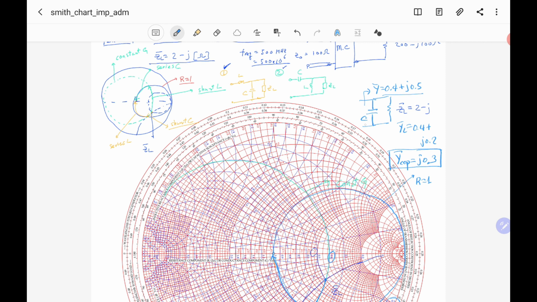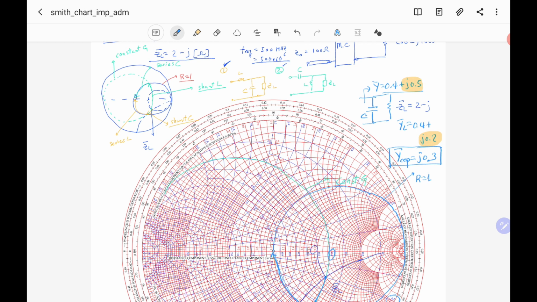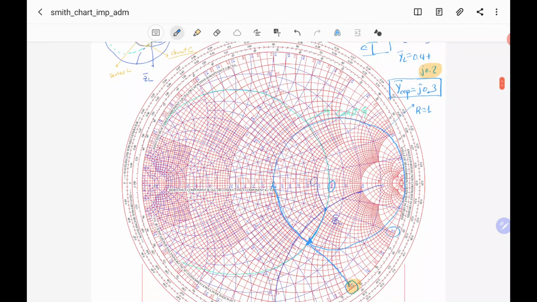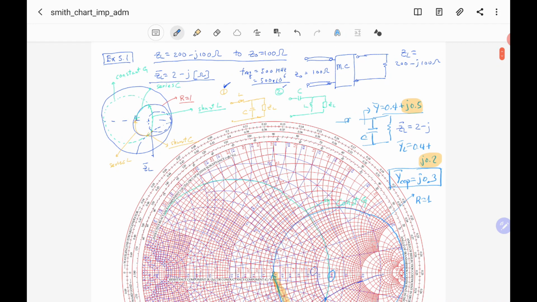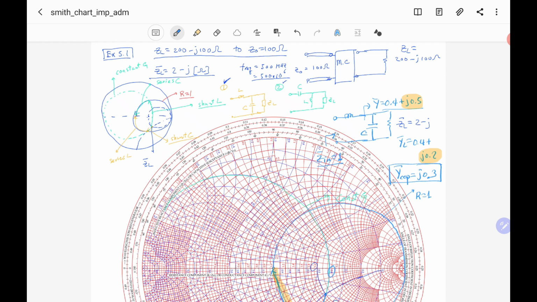So basically this shunt C adds j0.3 from here to here. This is the difference. And after that we have a series L, which we can connect here. And then finally this becomes 1, so 1 is here.